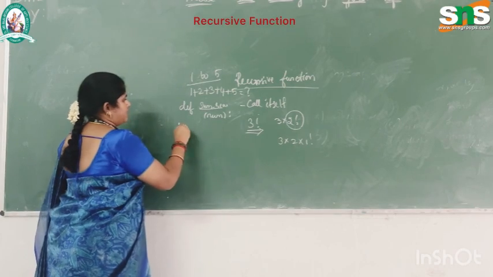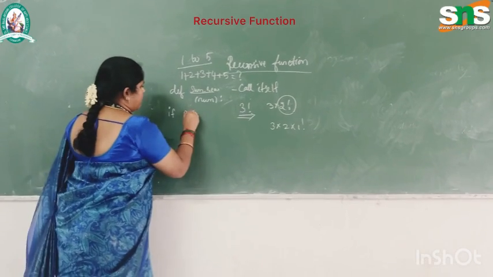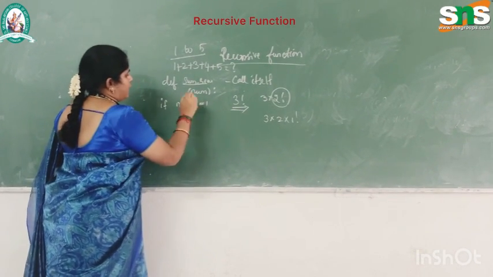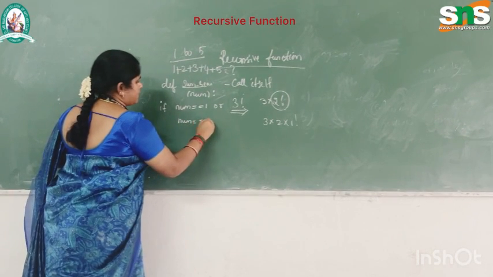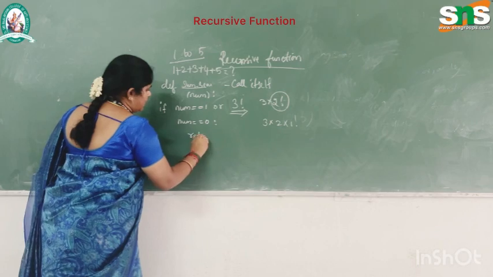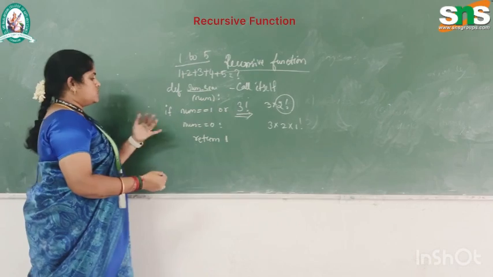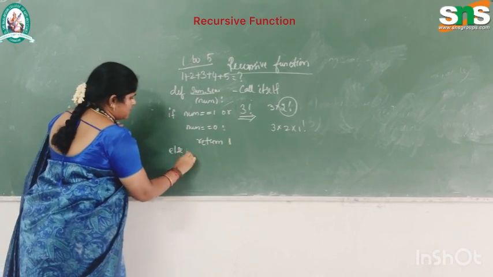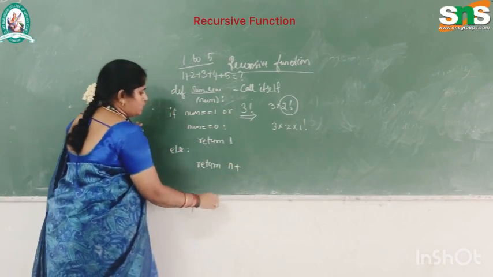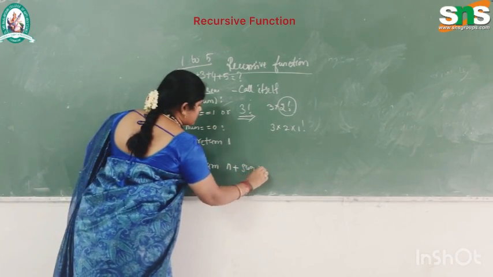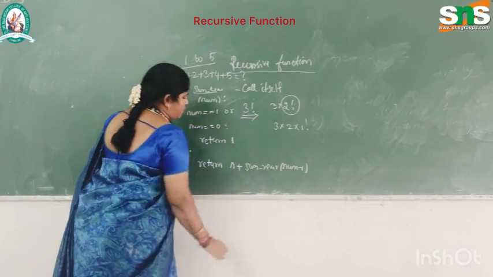Here I need to check the condition: if the number is equal to 1 or 0, I need to return the value as 1. Else, return the given value added to a call of sum_recursive with the value minus 1.